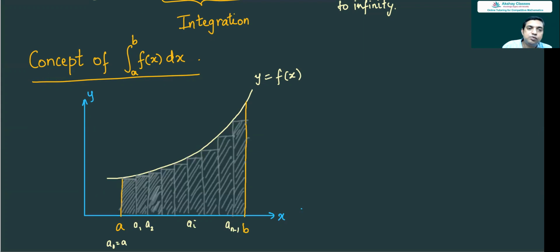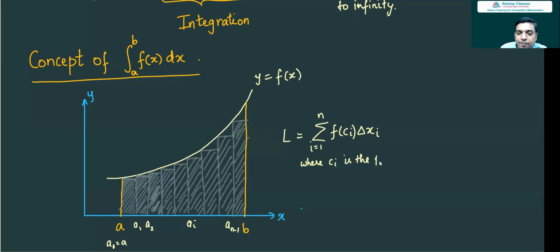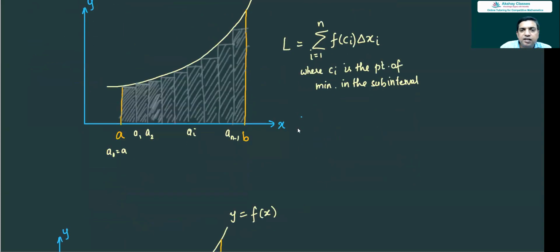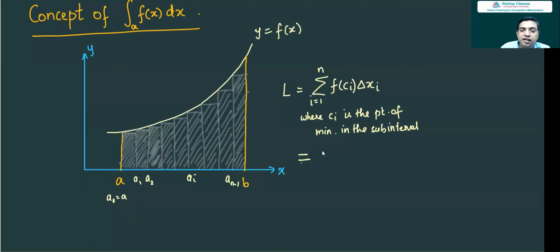Now we call this L as summation of delta xi into f of ci on each ith interval, i equal to 1 to n, where ci is the point of minimum in the subinterval. This is called the lower integral sum.